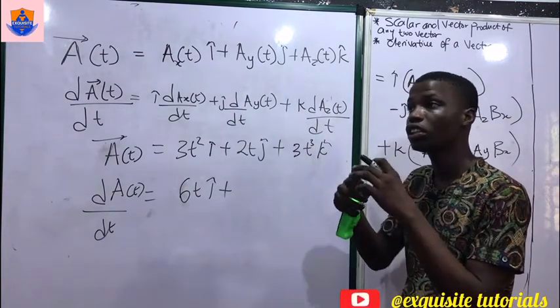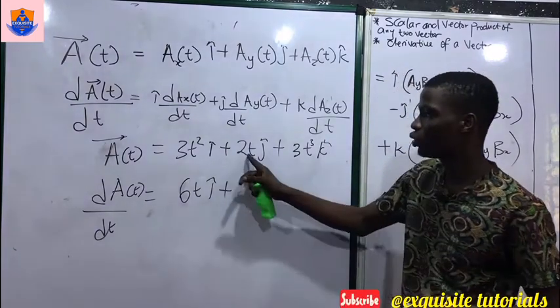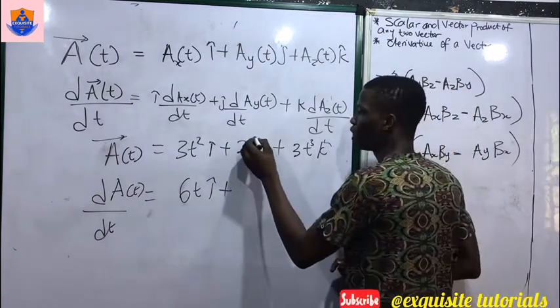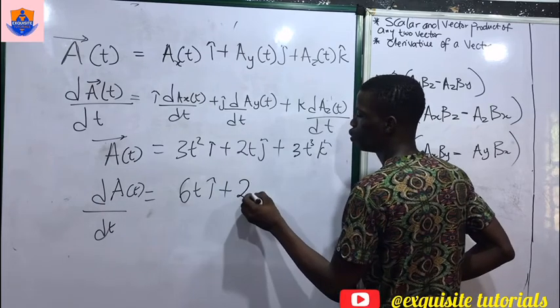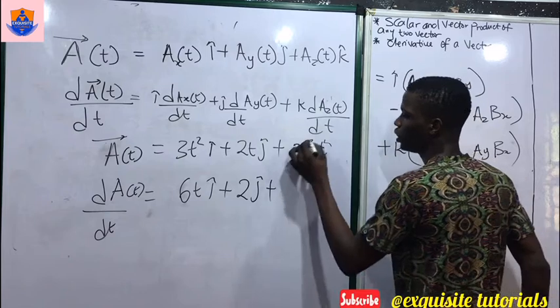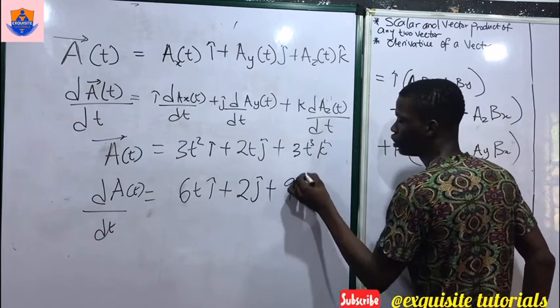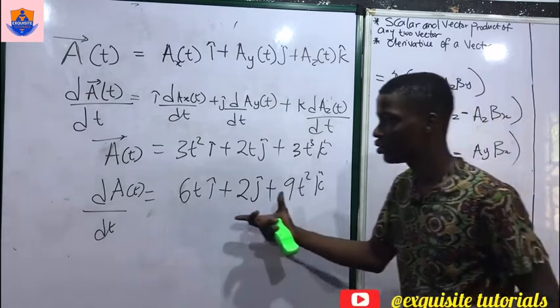The coordinate will always remain the coordinate, which is 6. So our 2t, if we differentiate it, 1 times 2 is 2, then 1 minus 1 is 0, so it will now be 2. Plus, if you differentiate this one, 3 times 3 is 9t squared. So that is that under this part.